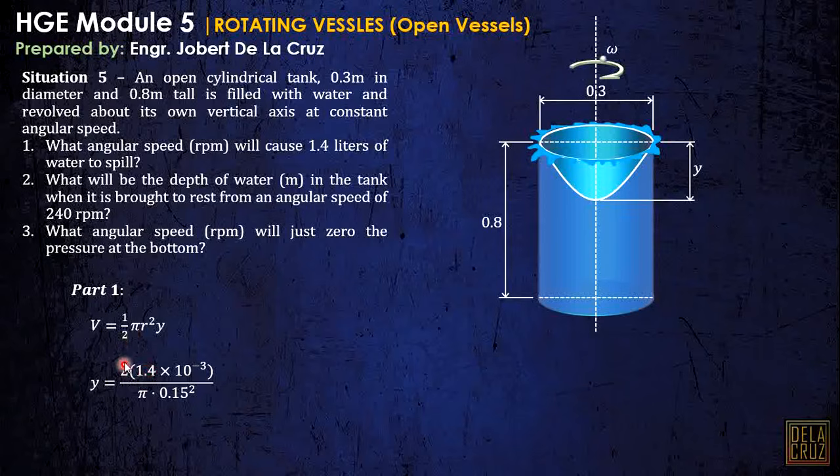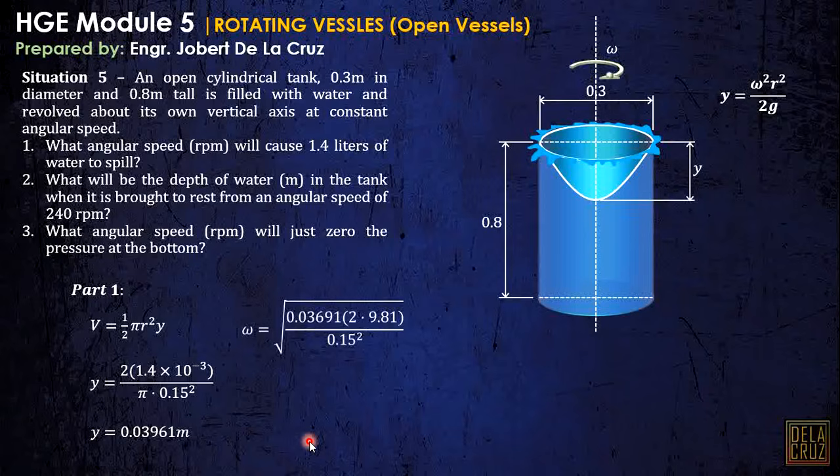So, that will be twice of the volume over pi r squared. And we have the value of y here. Now, after we have the value of y, we can calculate the omega or the angular rotation by this one. The same kanina. Just follow the values, then multiply by 30 over pi. Diretso na siya, RPM.